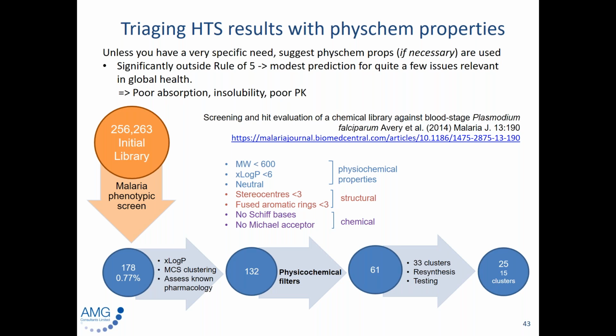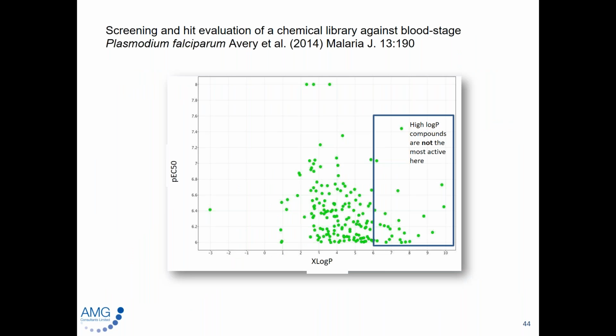So these simple properties do have at least some association with lots of things that are relevant to global health, but I think it's going to be quite hard to determine that specific models are really going to be very appropriate in HTS triage, or quite difficult to determine whether they're giving you the right answer or not. So a simple way out really is to use phys-chem properties.